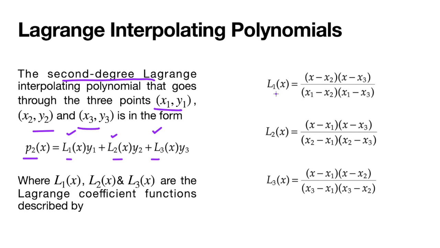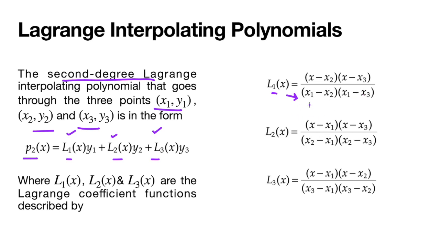You can see that if it is L1, the one term is missing, alright? So we will subtract x minus x2 and x minus x3. So 1 is missing from the numerator, and similarly the 1 that is present in the numerator is subtracted from all the quantities in the denominator. So x1 minus x2 and x1 minus x3.